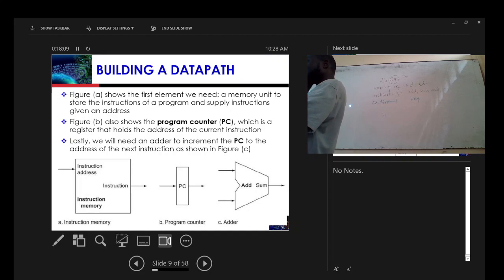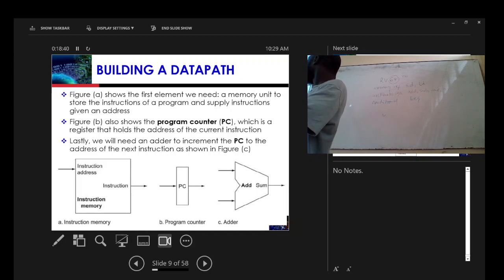Okay, next. Hurry up. Yeah, okay. It's a register that points to the next address in the instruction memory, right?